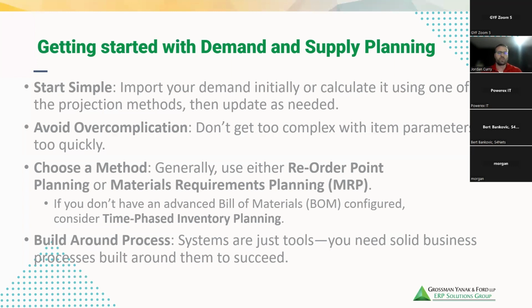Obviously, I would consider turning advanced bill of materials on. But if for whatever reason you have customizations, things that you don't want to turn it on, you like the historical version of that, then you can consider time-phased inventory planning for that forward-looking planning.